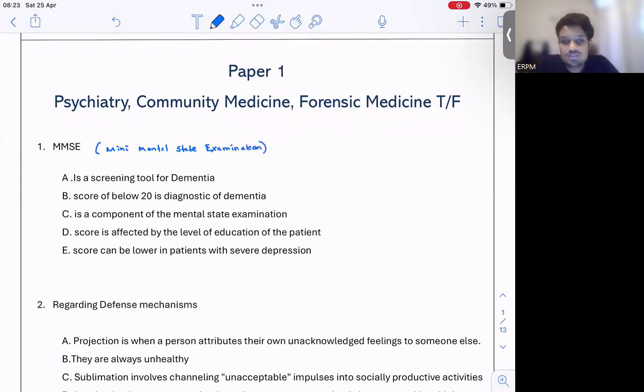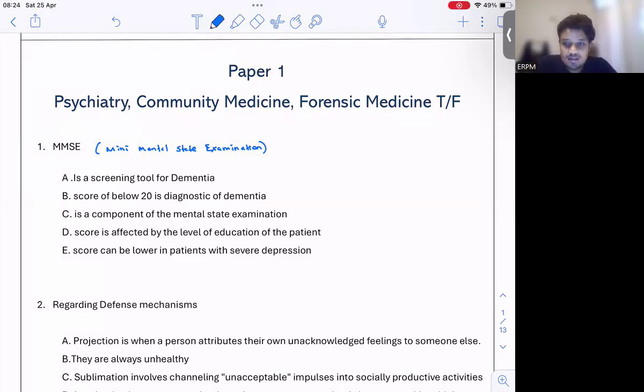So this MMSE mainly tests your cognition. It's a 30-point questionnaire, and at the end it gives you a total mark out of 30.